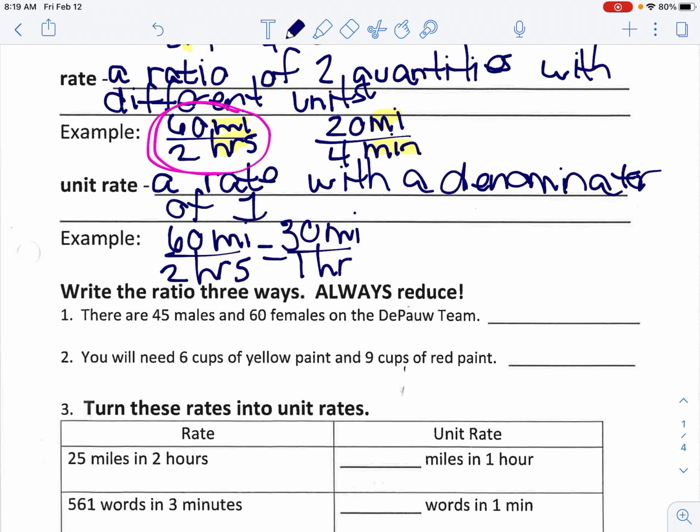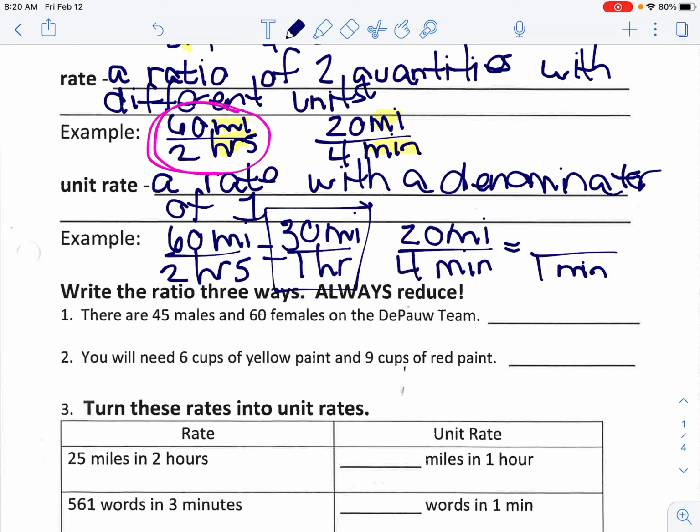So that would be 30 miles in 1 hour. That is your unit rate. Our other example was 20 miles in 4 minutes. To get to your unit rate, you're going to divide 20 by 4, which is 5. So that would be 5 miles in 1 minute.